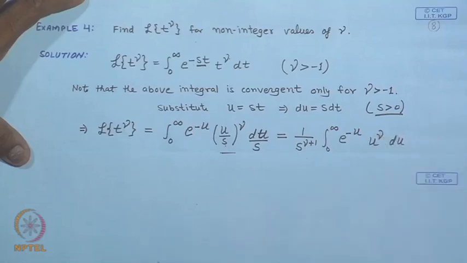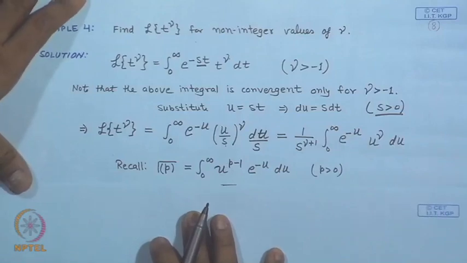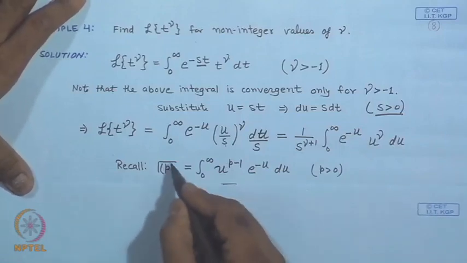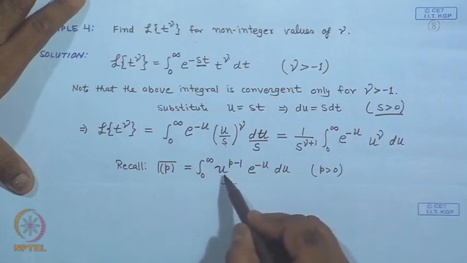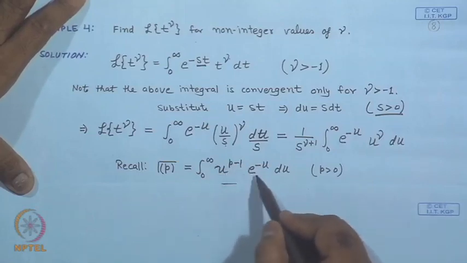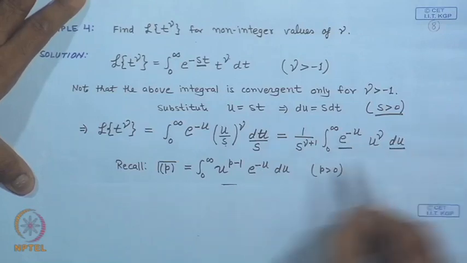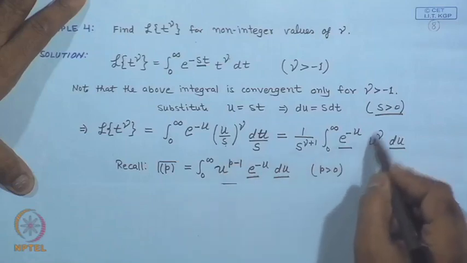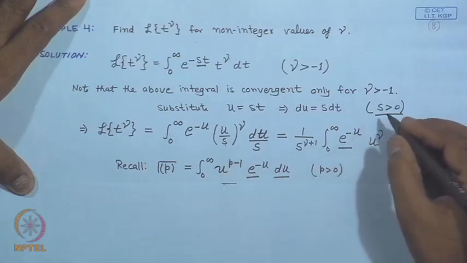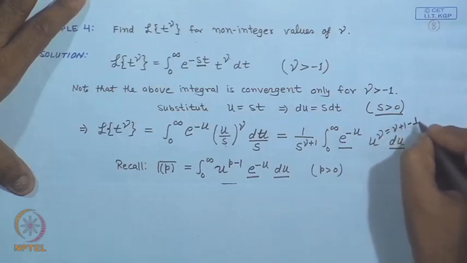So, what we have is s power nu and 1 s is sitting here. So, we get 1 over s power nu plus 1, 0 to infinity e power minus u and u power nu du. And now, if we recall the definition of gamma function, the gamma p is defined as gamma p is equal to 0 to infinity u power p minus 1 e power minus u du. So, we have a similar integral there, e power minus u du, and u power p minus 1. Here we have u power nu, that is nothing else, we can write this nu is equal to nu plus 1 minus 1.